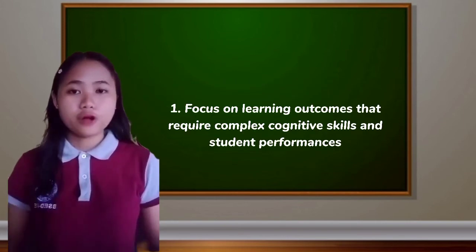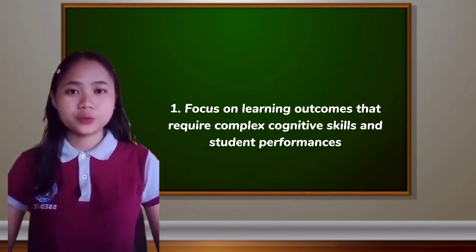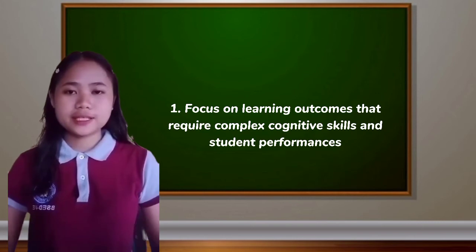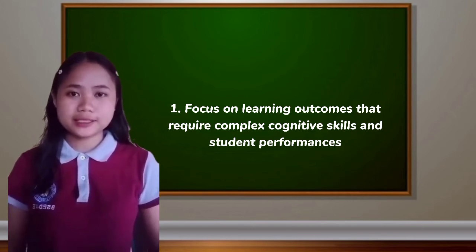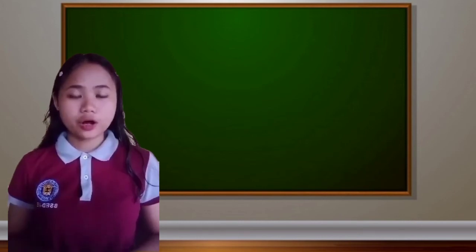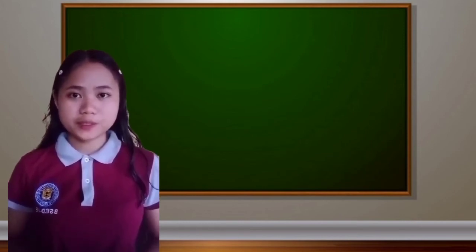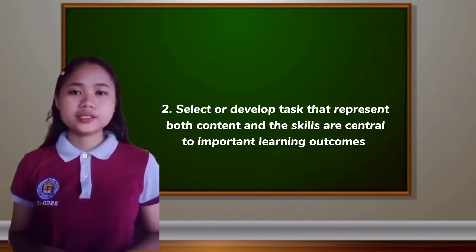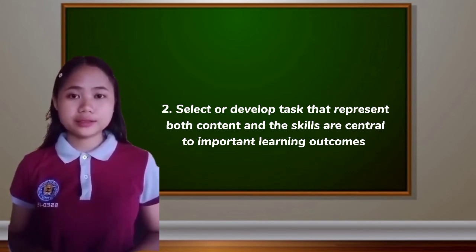I will discuss suggestions for constructing performance tasks. First, focus on learning outcomes that require complex cognitive skills and student performances. Tasks need to be developed or selected in light of important learning outcomes. Second, select or develop tasks that represent both the content and the skills that are central to important learning outcomes.